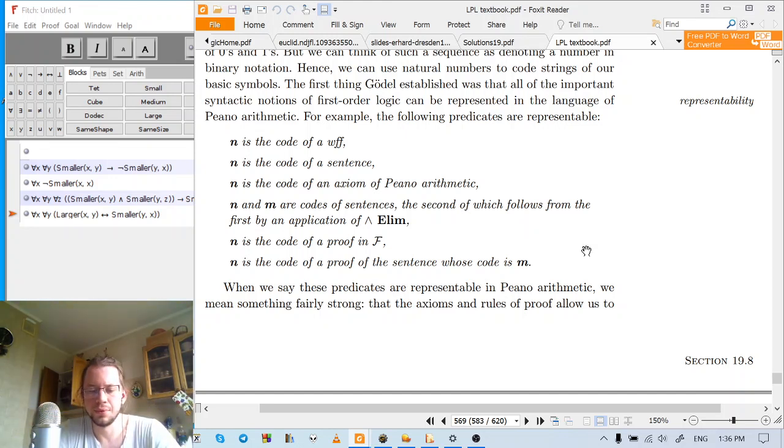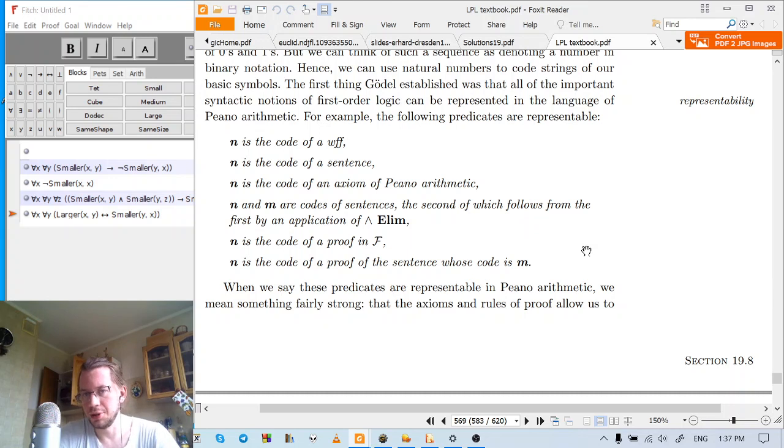What is a wff? It's like a formula, like A and B, A or B, or something like that. What is a sentence? It's something that can be answered like, is it true or is it false? N and M are codes of sentences, the second of which follows from the first by an application of conjunction elimination.